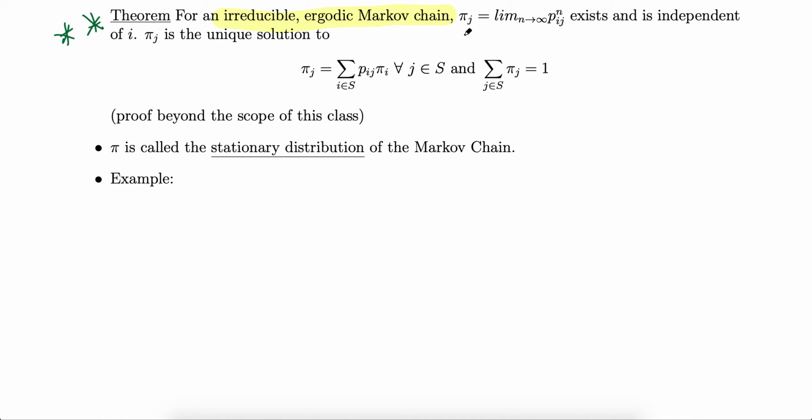Pi j is the limiting probability of starting in state i and ending in state j in n steps as n goes to infinity. Notice the observation here: this is independent of i. We're calling this pi j. So who cares what i is? The limit doesn't depend on i. It doesn't depend where we start.